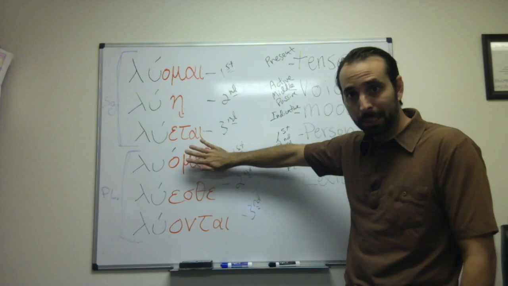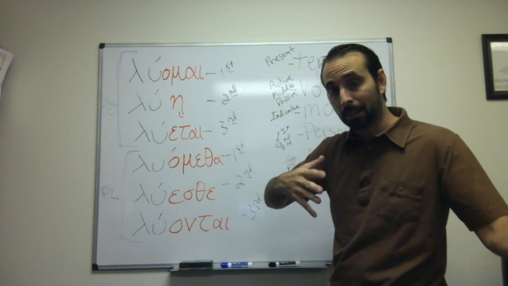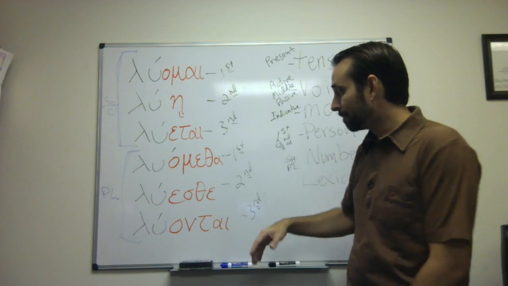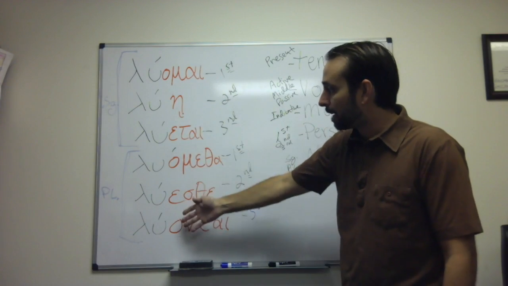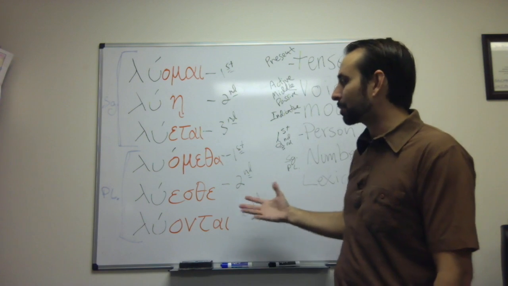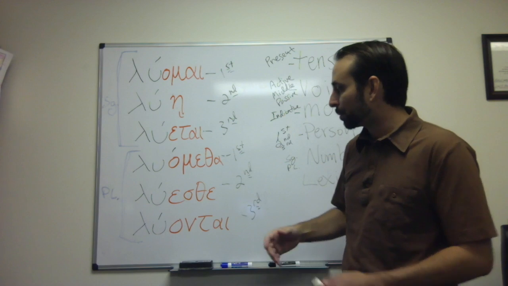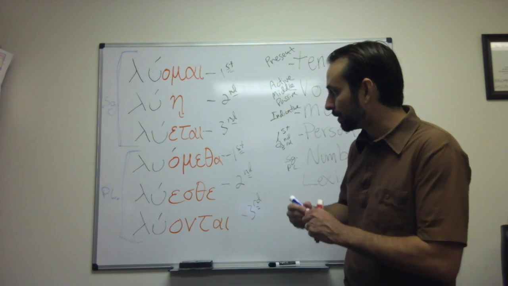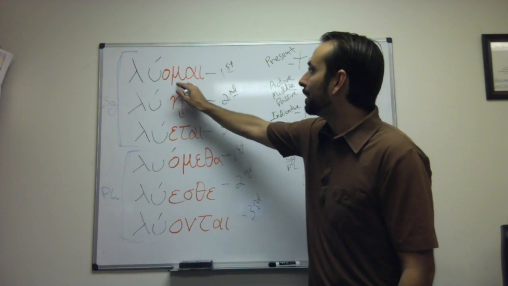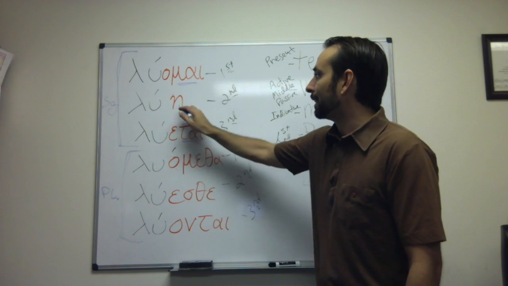Luomen, not here, but in the primary. Luete, notice the E is in the ete from the active endings. And so you have that thematic vowel in the active endings. You just don't see it as readily, but in the middle passive, you see this. Now, what Stevens is really trying to tell you here is your real ending is this: mai, sai, tai, the E is hiding there.